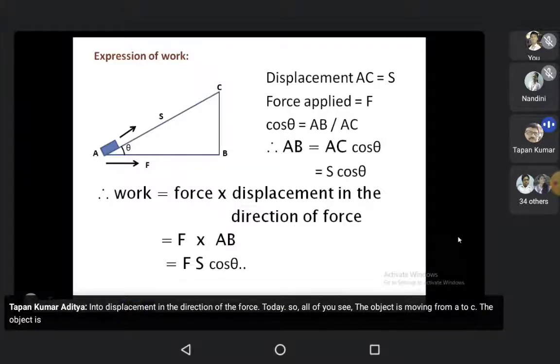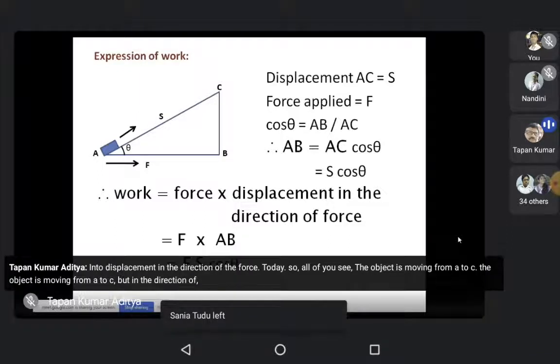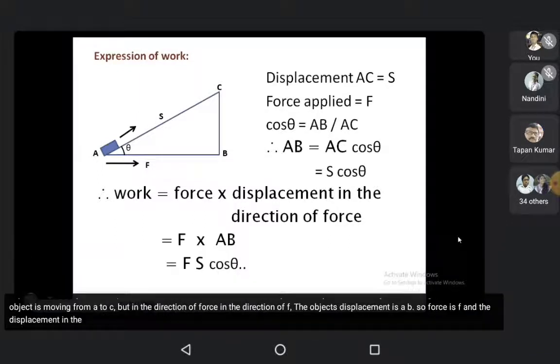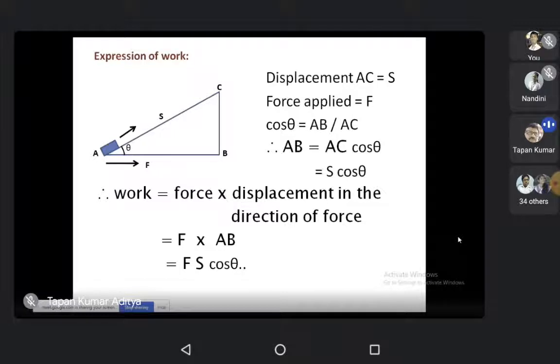So force is F and the displacement in the direction of force is AB, which is s cos theta. So the formula is F s cos theta.